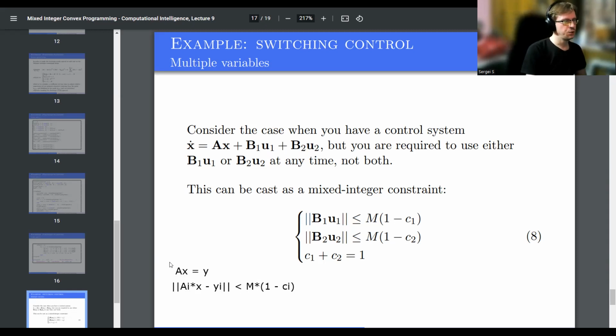So the trick is to use norm instead of adding something to inequality constraint as we did before. You just do a norm. Essentially, this is the same thing as before, because linear inequalities, you can see them as just a simplified case of a norm, I guess. Kinda, not really, but kinda.